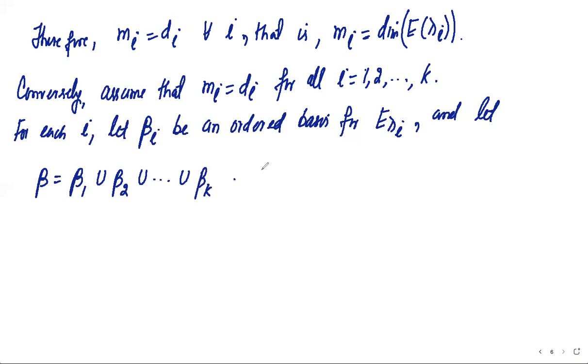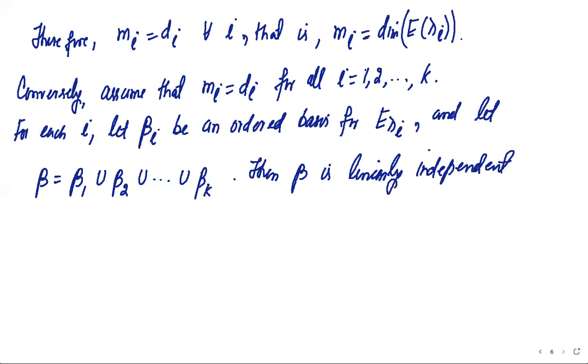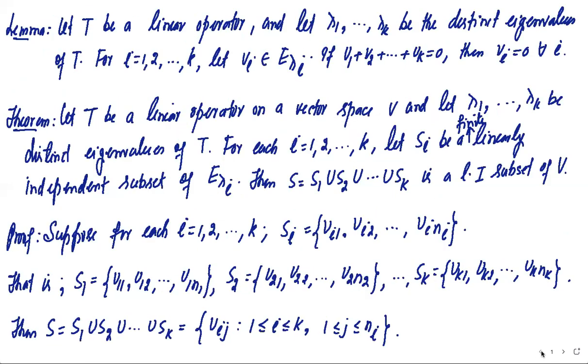Then beta is linearly independent, and this is by the previous theorem. So let's have a look at what our previous theorem was. The previous theorem was that if S1, S2, up to Sk are linearly independent subsets of the eigenspaces corresponding to the lambda i's, then their union is a linearly independent set.